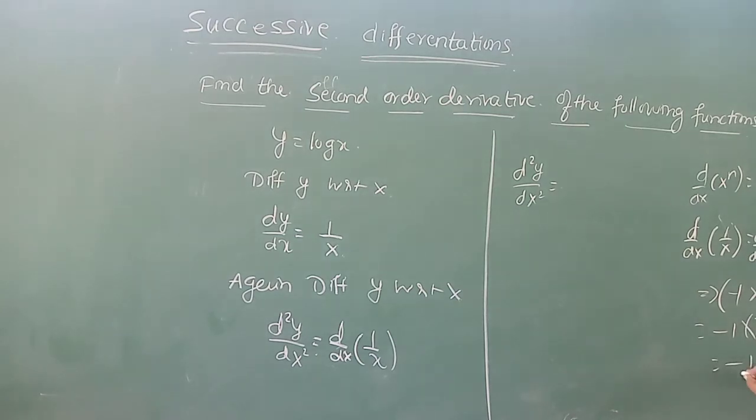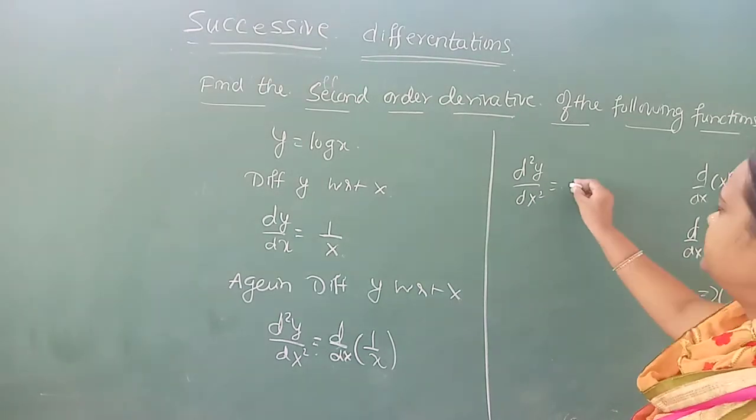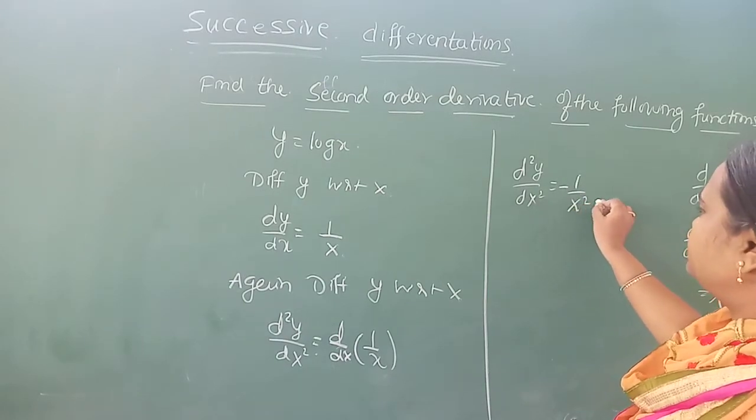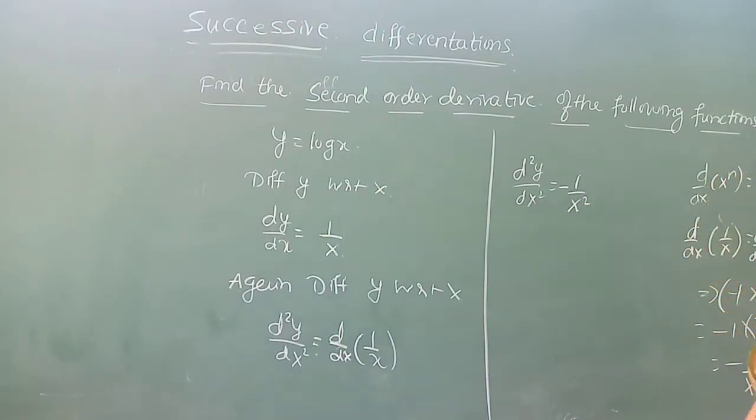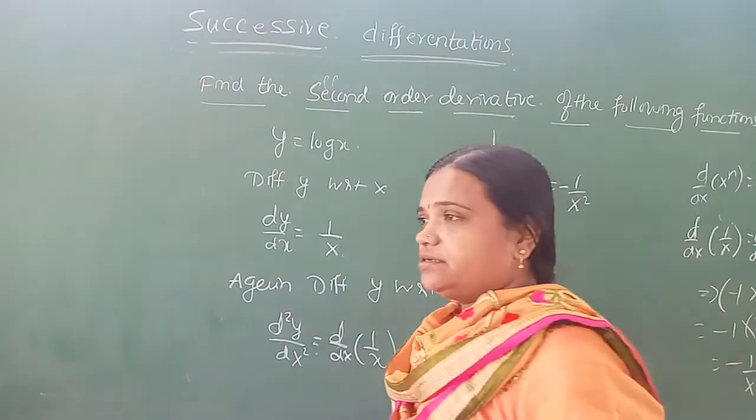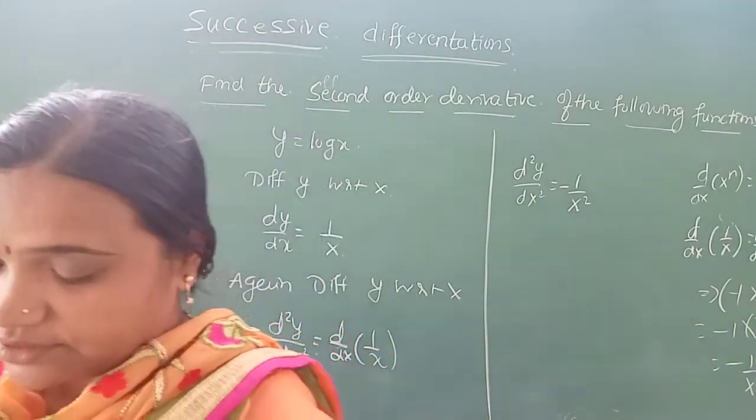We can write minus 1 by x squared. So the differentiation of 1 by x is minus 1 by x squared. We have done so many examples based on that.